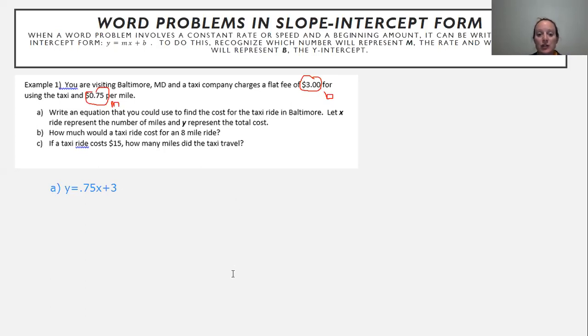So when they give you that you have 8 miles, that means you have to put this 8 in for x. So part B, this is what I'm solving. What does y equal when I get 0.75 times 8 plus 3?